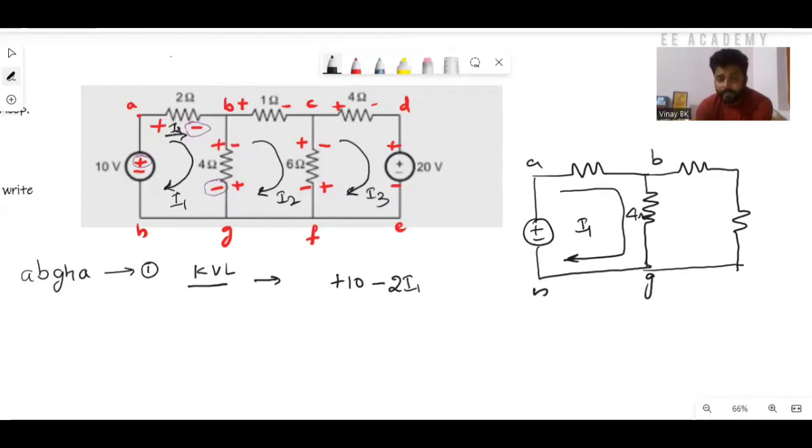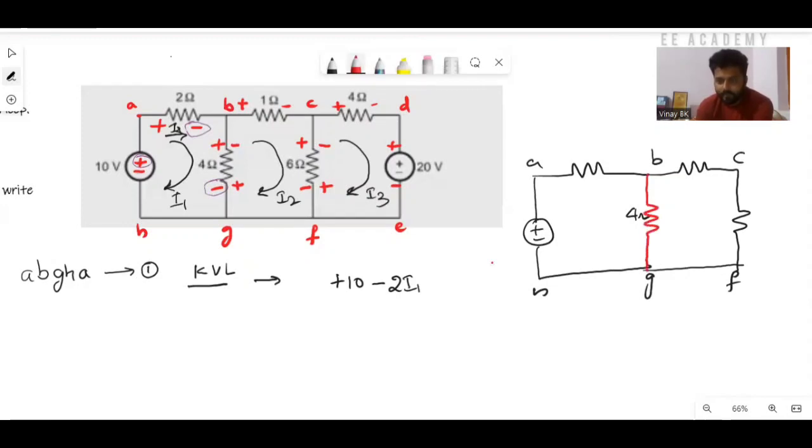Similarly, in B, C, F, G, B, I2 is flowing. If you consider the branch B to G with respect to loop 1, it has a 4 ohm resistor, but note the current direction.